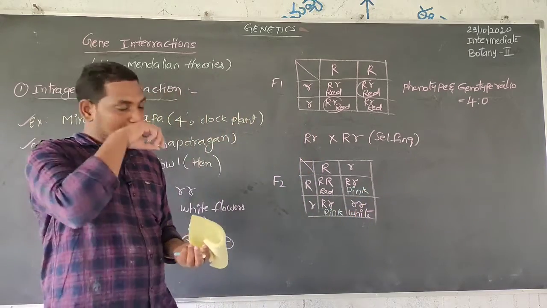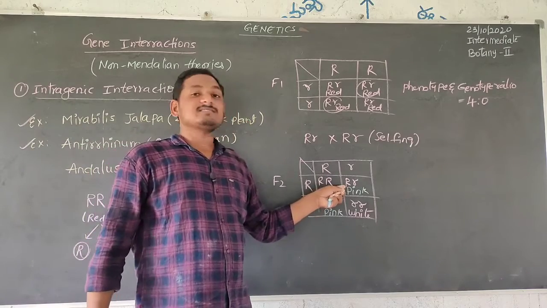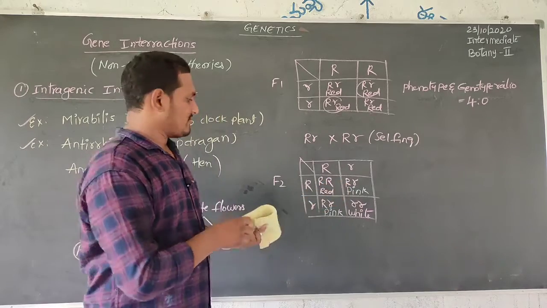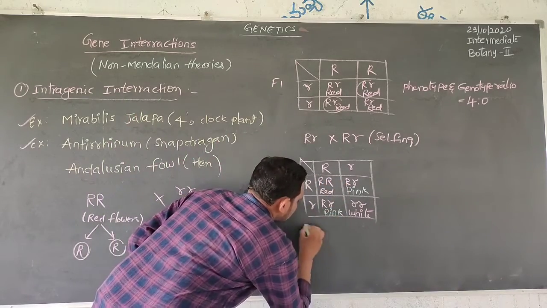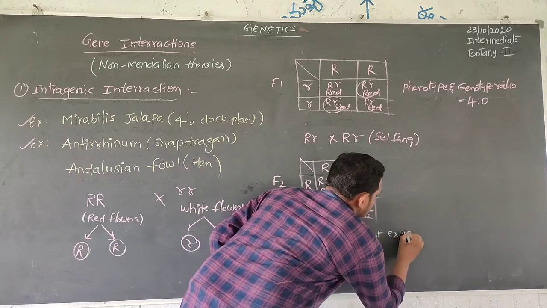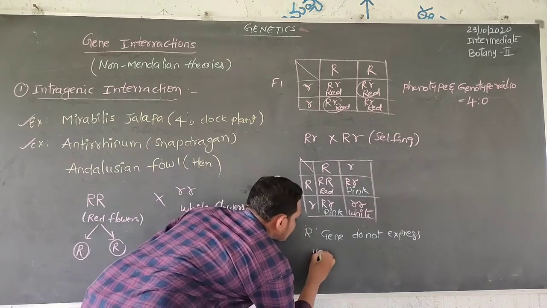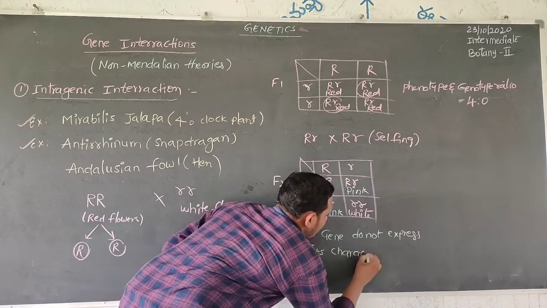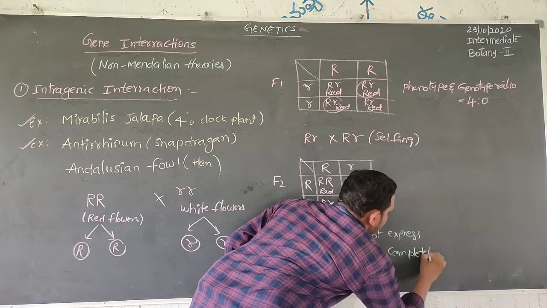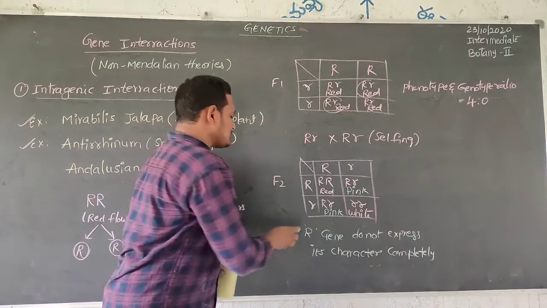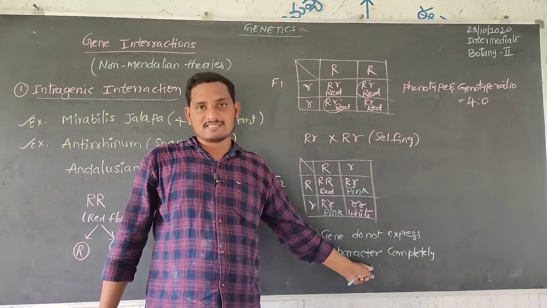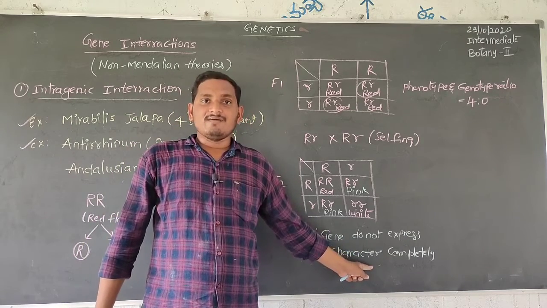Why like that? Because this R gene does not express its character completely. It expresses its character, but incompletely. That's why pink comes instead of red.